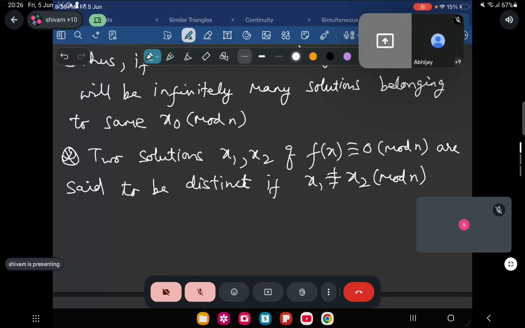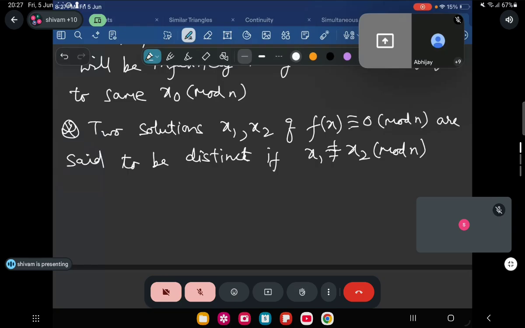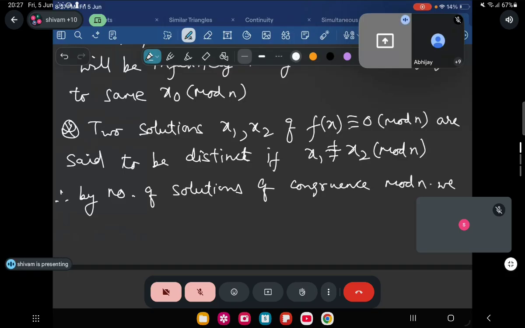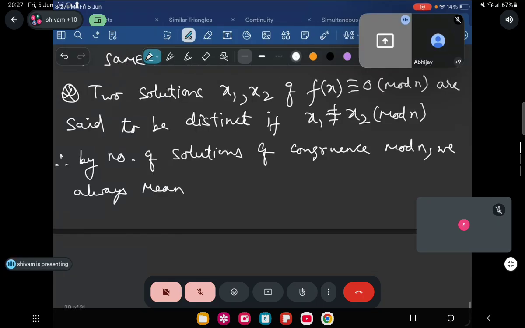Therefore, by the number of solutions of a congruence mod n, we always mean the number of solutions incongruent in pairs.